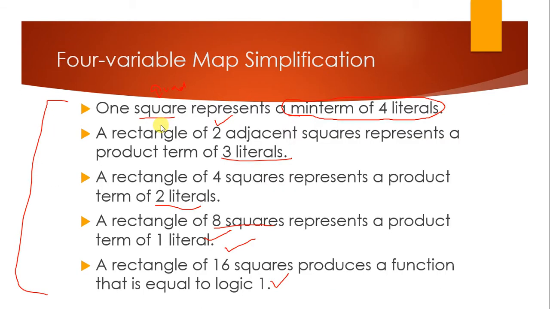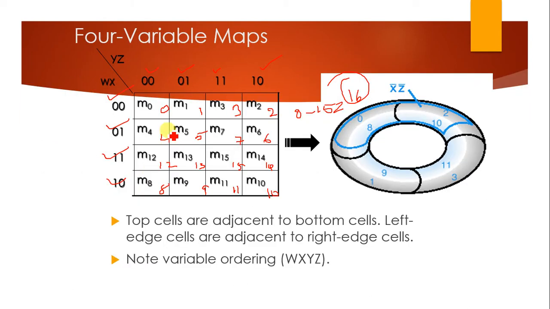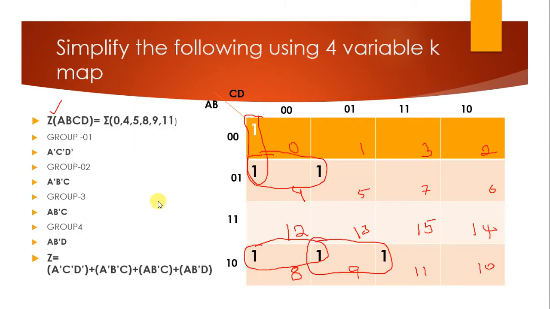Okay, when you are making these rows and columns in this fashion, whenever you are given an SOP or a POS, it is very easy to quickly mark 1 in that particular box or cell. So here you make A, B, C, D and the combinations are 00, 01, 11 and 10. Similarly, in the vertical part, you can make 00, 01, 11 and 10 and make the individual numbers.